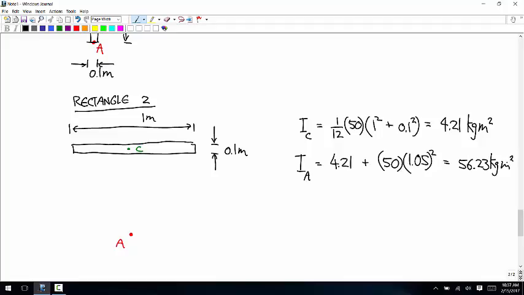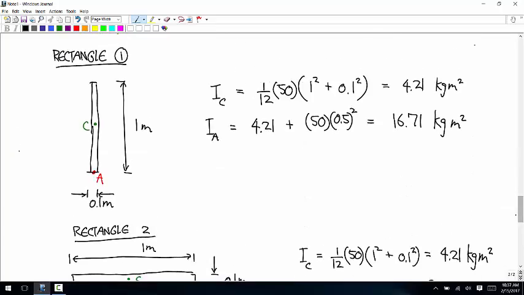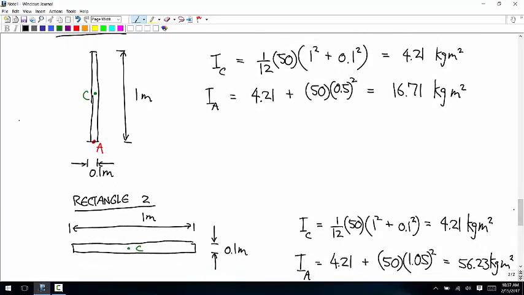Okay. So notice that even though those two rectangles are identical, they're equally hard to rotate around their own center. Look at the values for the moment of inertia about A. It's much harder to get the horizontal rectangle rotated about A than it is for the vertical rectangle, because this one is so much farther away from that axis.